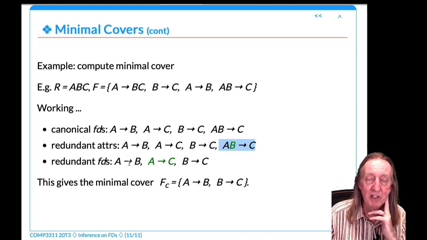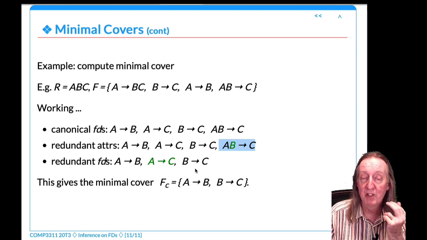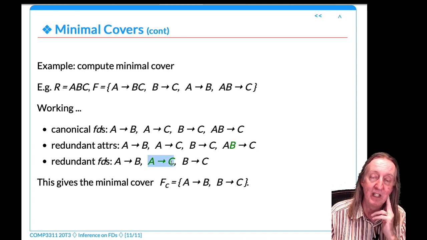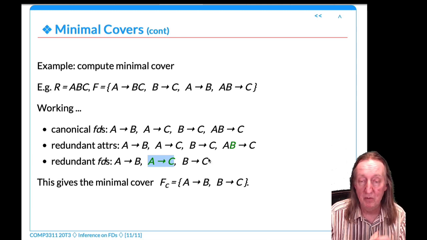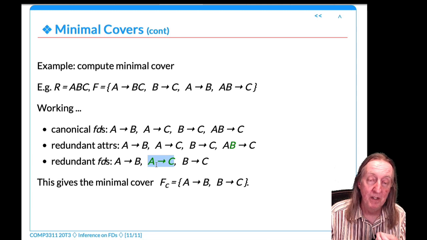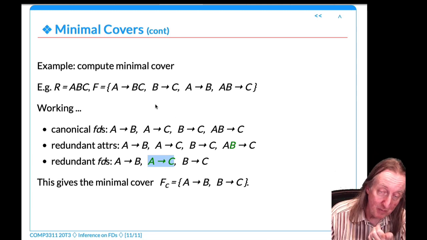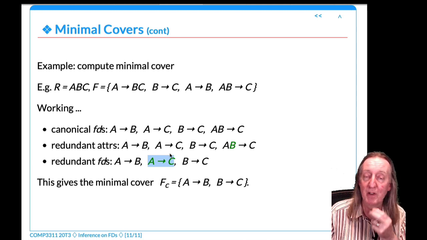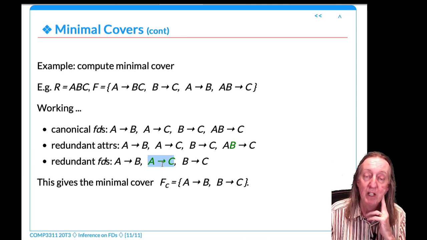Alright, so now we look for redundant functional dependencies. If we've got A determines B, A determines C, and B determines C, then it's kind of obvious that this really isn't necessary, because given A, we can determine C. So that functional dependency, which was obtained as part of the derivation sequence, is also now redundant.